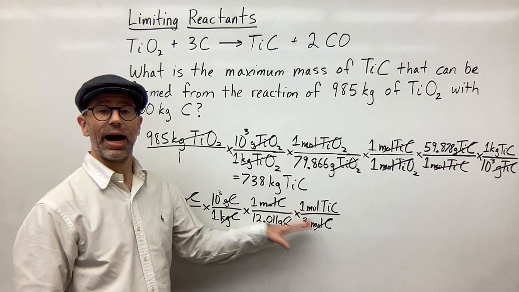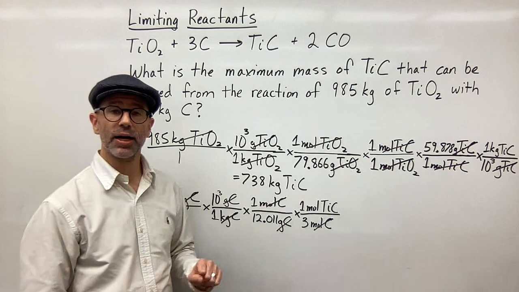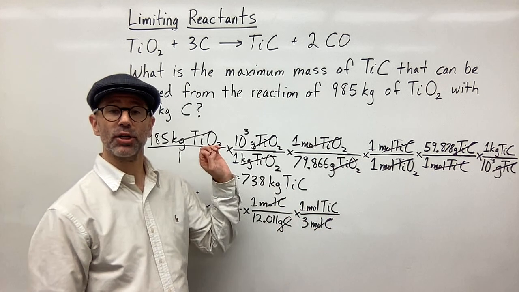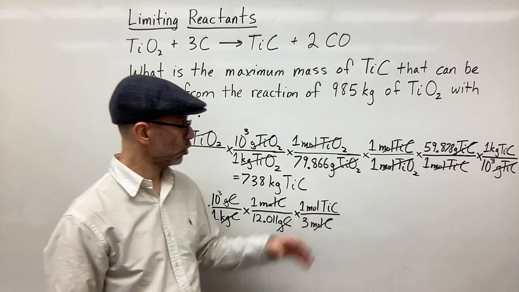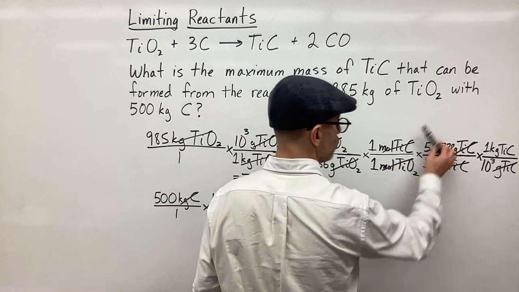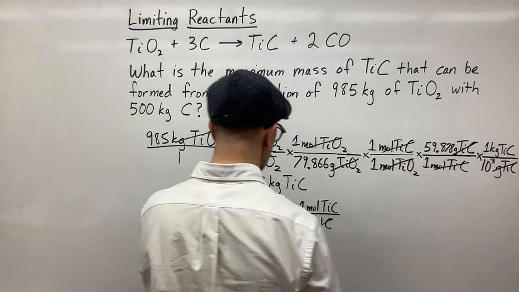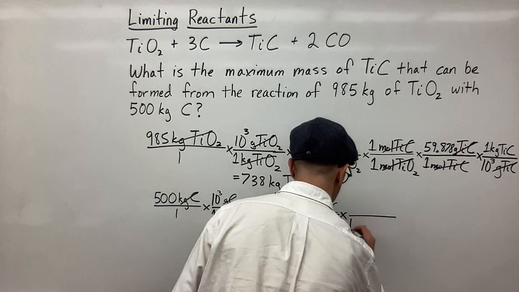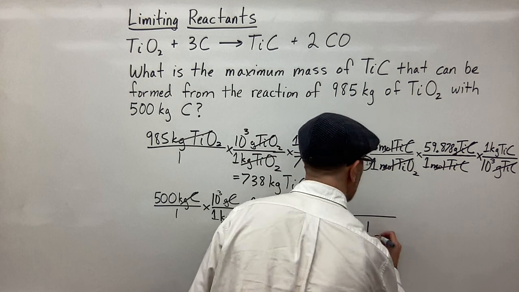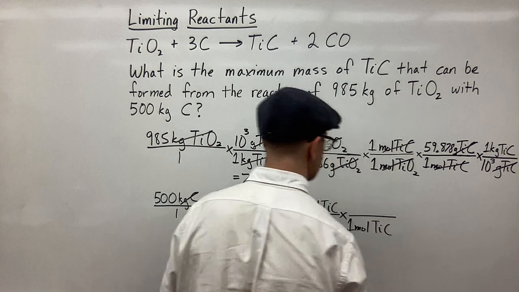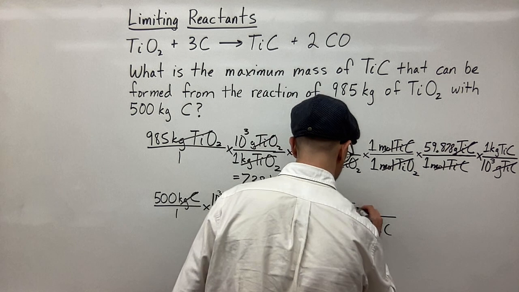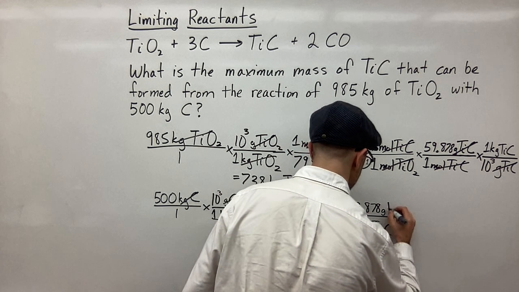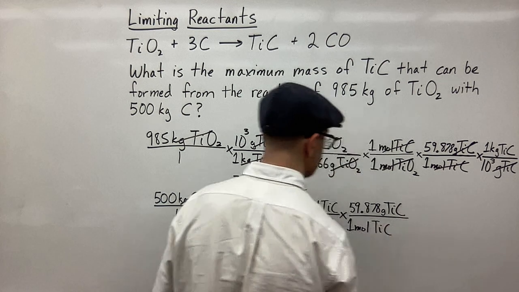At this point, I am converting moles to kilograms. So I need to convert moles to mass. I'm going to convert it to grams using molar mass. The molar mass of TiC is the same as before, so I'm using the molar mass again here. On the bottom, I have 1 mole of TiC, and on the top, it's going to be 59.878 grams of TiC.